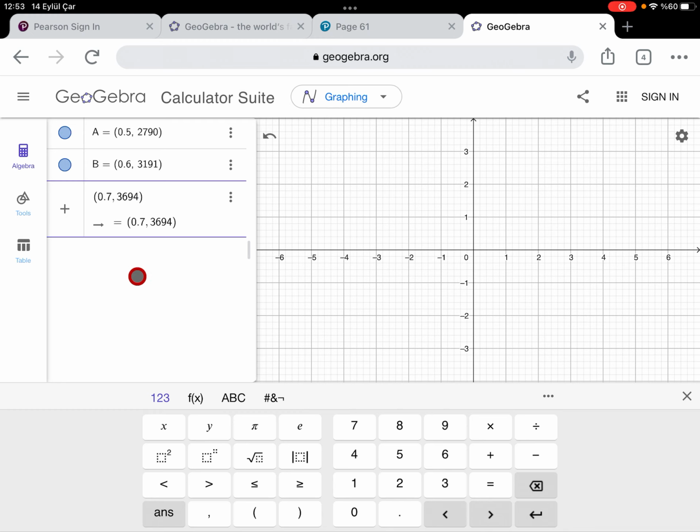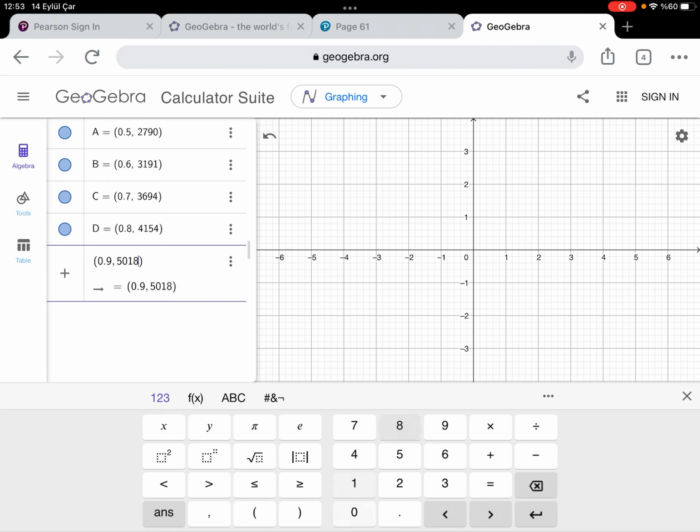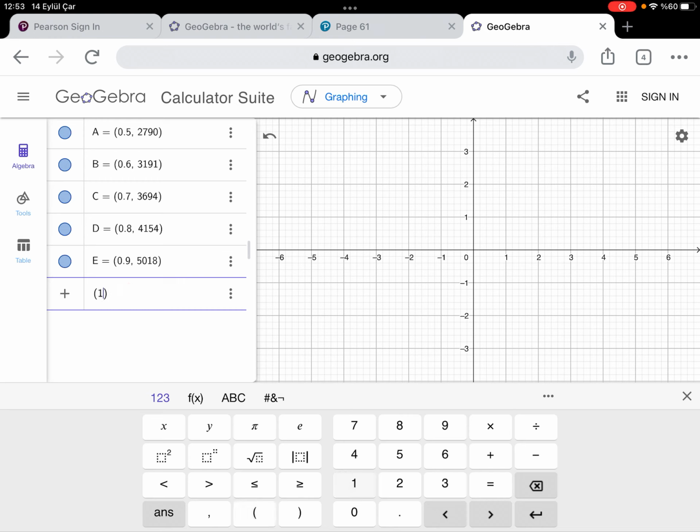That means when the carat is 0.7, the price is $3,694. For 0.8, the price is 4154. For 0.9 carat, the price is $5,018. And the last point is for 1 carat, the price is $5,898. Okay, this is the price.